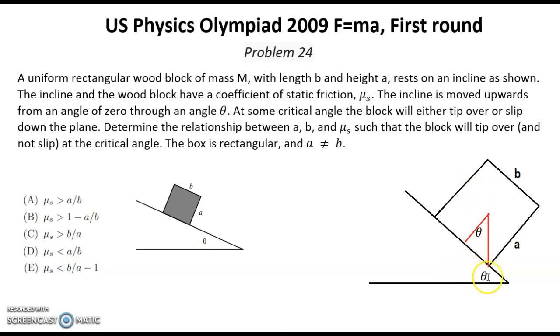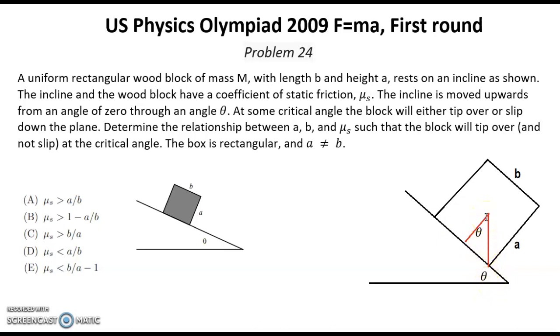It means that we can just work out the geometry for this picture. Here we have the angle theta, which is critical, and we also have angle theta here because we have two perpendicular lines forming these two angles.